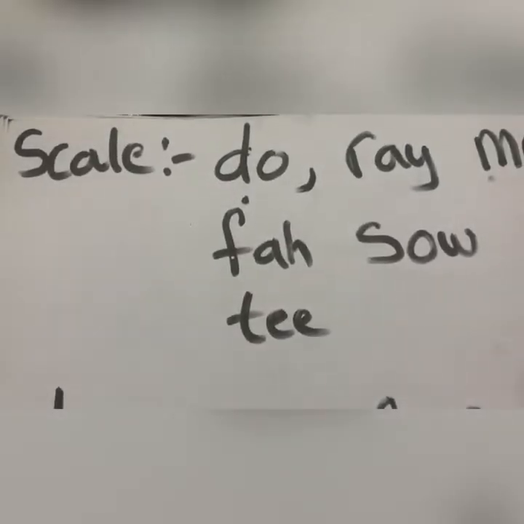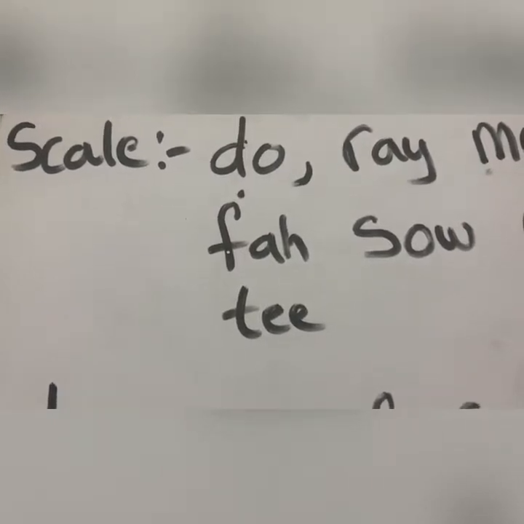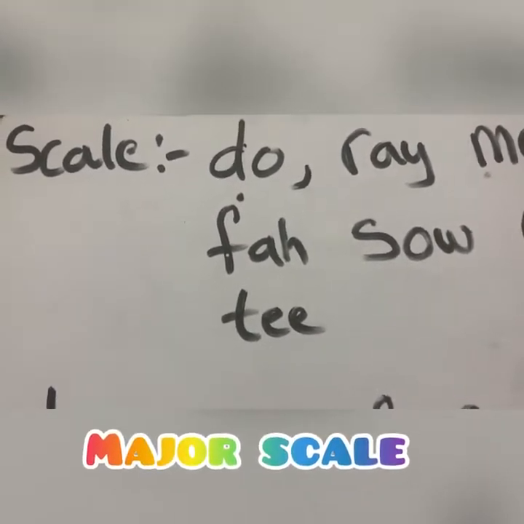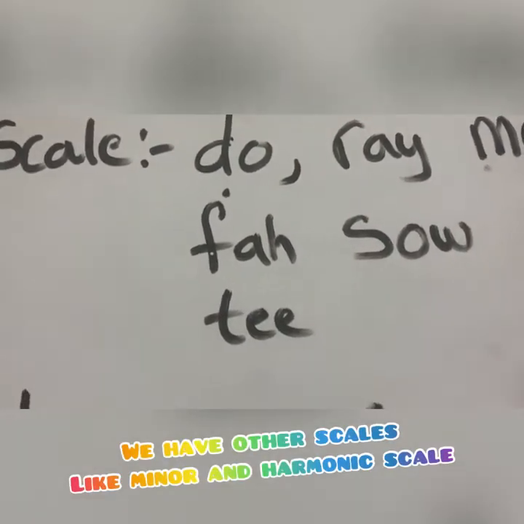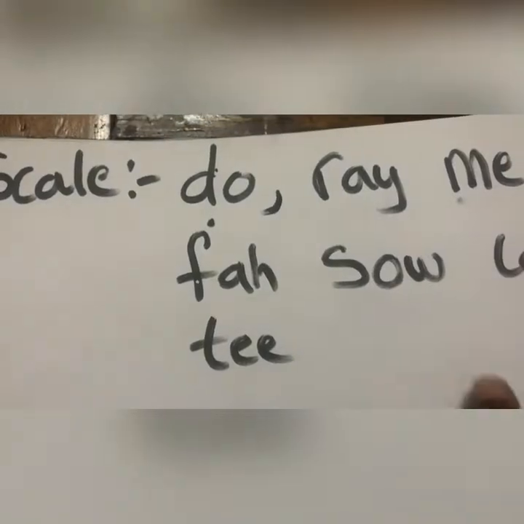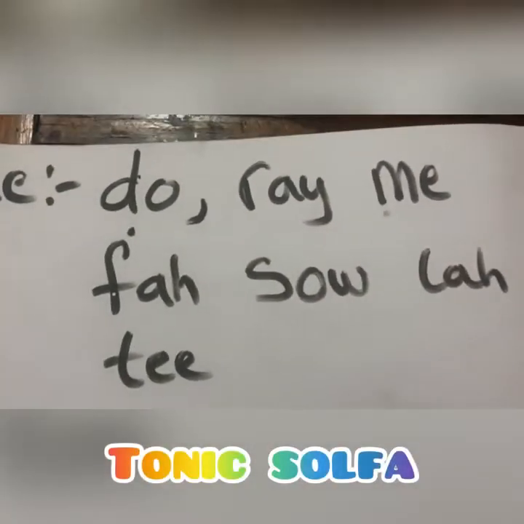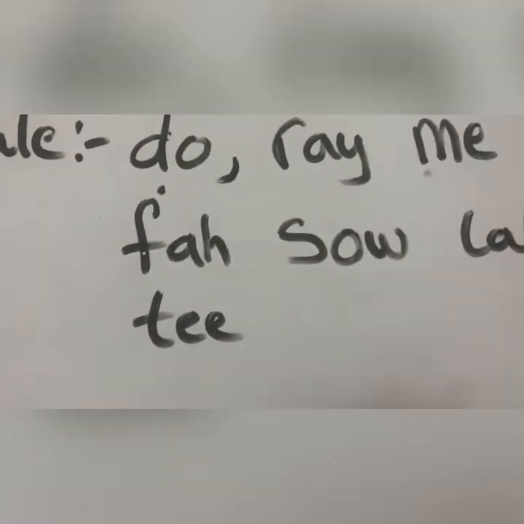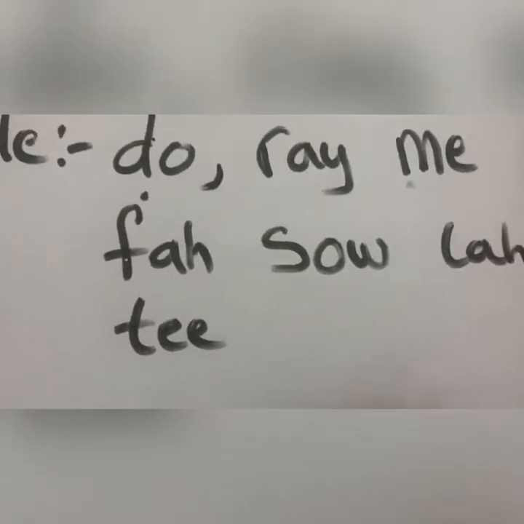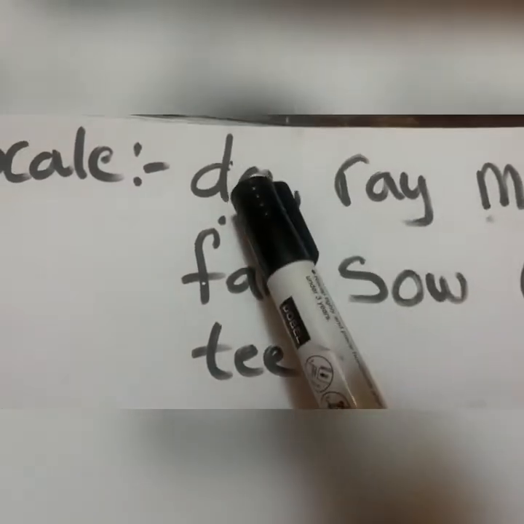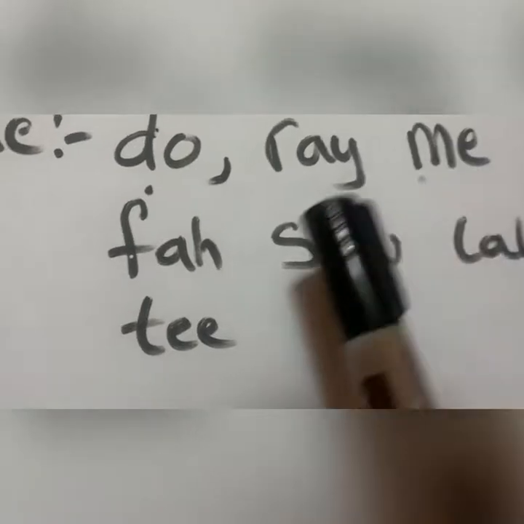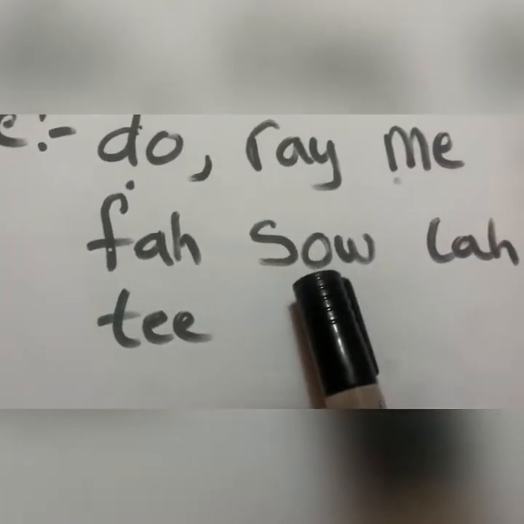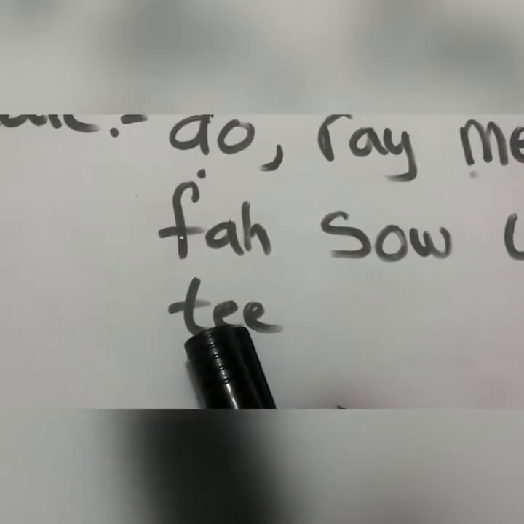We have different types of scale, but we're going to do what we call a major scale. In case you don't know the spelling, we have it as do, re, mi, fa, so, la, ti, do. I repeat: do, re, mi, fa, so, la, and ti.